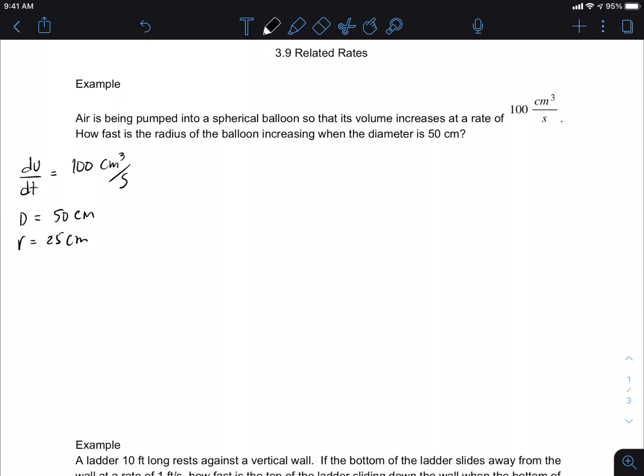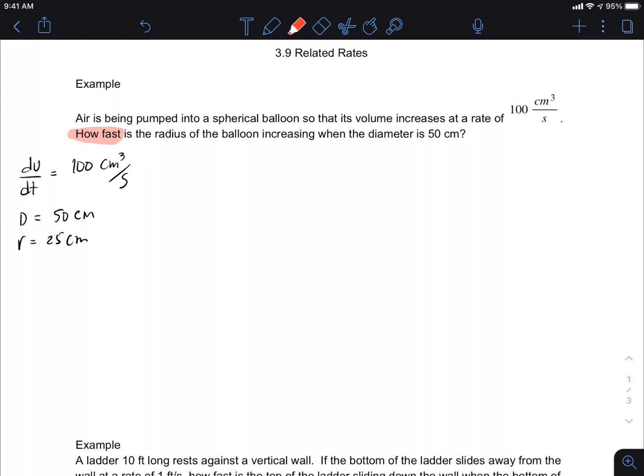We're looking for how fast the radius is going to be changing, right? Really, I should highlight it this way so you guys can see it properly. It's how fast. So how fast is asking for what? It's asking for another rate of change, but it's asking for a specific rate of change, and that specific rate of change is the radius's rate of change. Does that make sense? Yes.